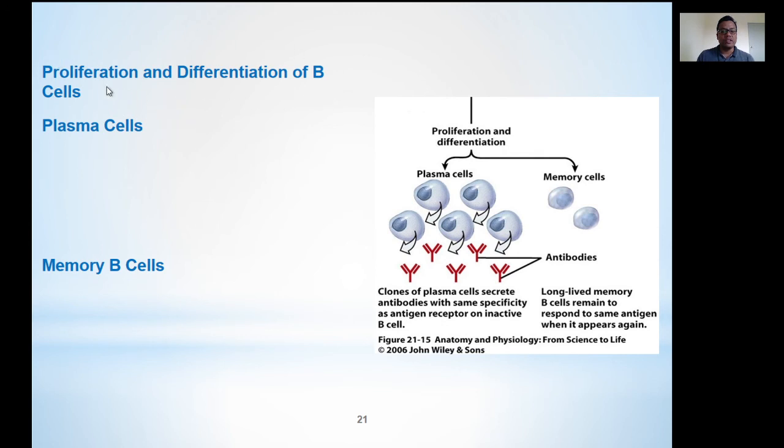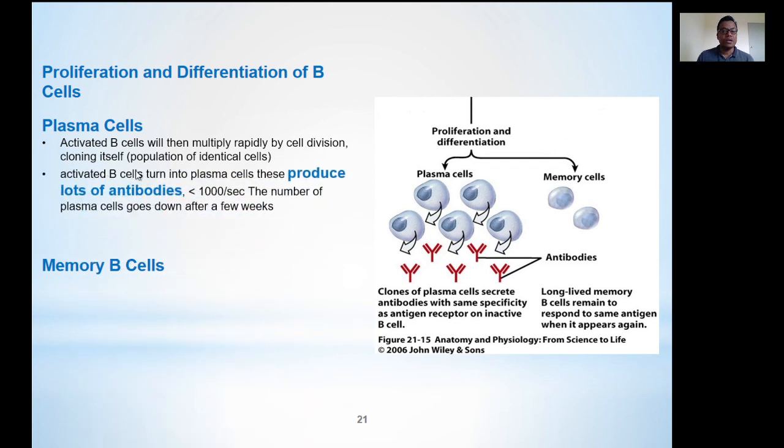Once activated, the B cells will proliferate and differentiate into plasma cells and also memory B cells. Plasma cells are a type of activated B cell that multiply, cloning themselves, and turn into plasma cells, which then produce lots of antibodies.